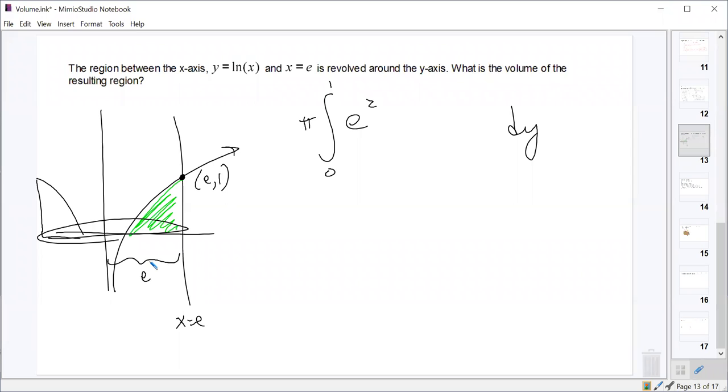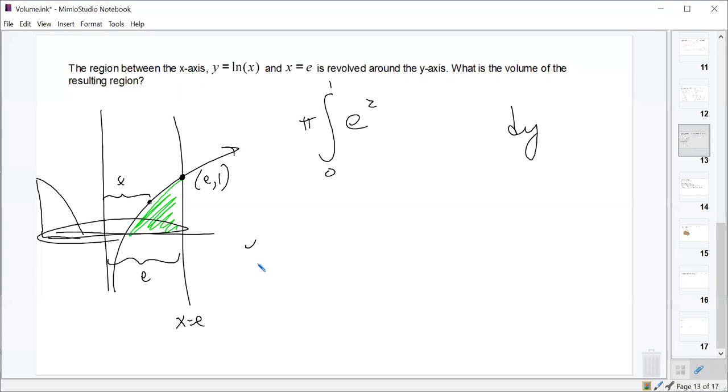And what's our inner radius? x. Okay, how do you get x? From here to here, right? Call this our inner radius. That's x. And so we have to have x in terms of y.